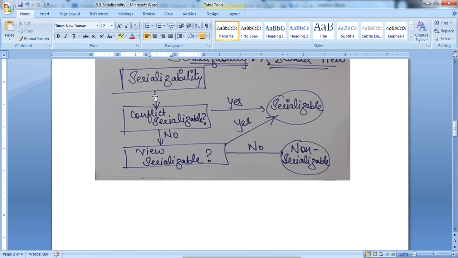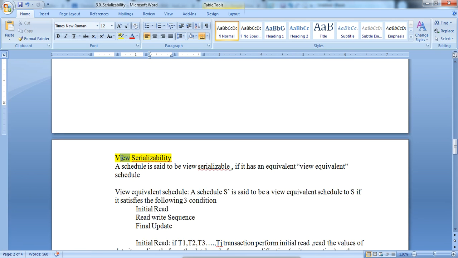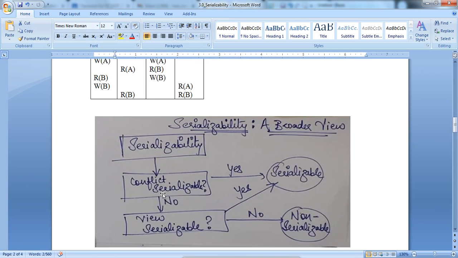Okay. Now in the next lecture we will learn about view serializability. If the given concurrent schedule is conflict serializable, then we can say that it is a serializable schedule. If it is not conflict serializable, then we need to check view serializability.